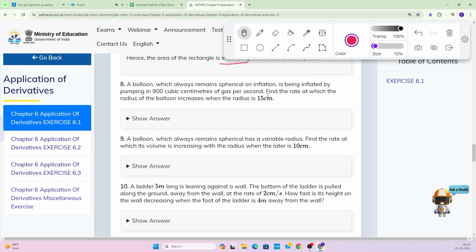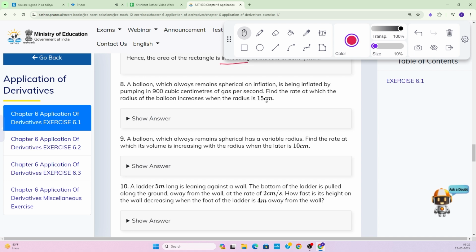Now the 8th problem. A balloon which always remains spherical on inflation is being inflated by pumping in 900 cubic centimeters of gas per second. So in the balloon, gas is pumping in at the rate of 900 cubic centimeters per second.